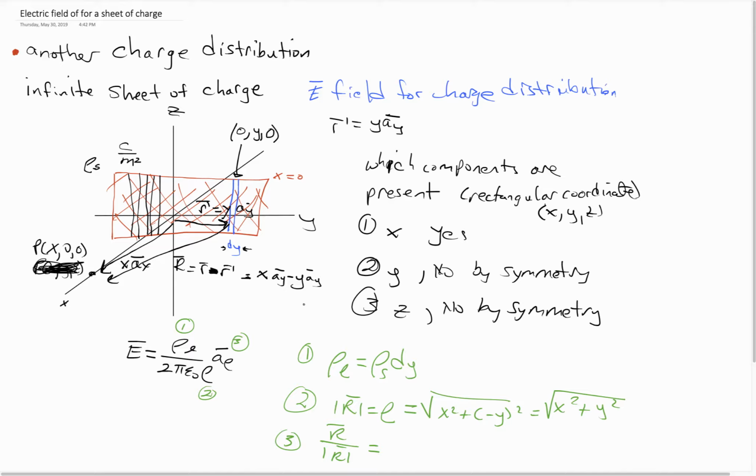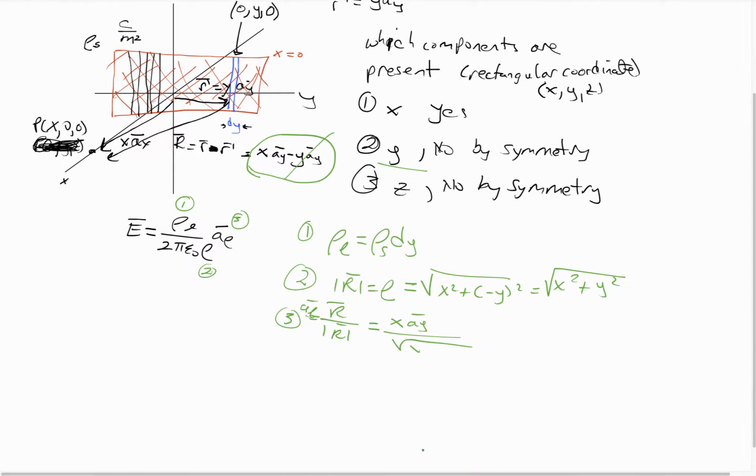Now, r was all of this stuff, but since there's no y component by symmetry, we can just ignore it, and say that in the formula our A rho is going to be equal to x a sub x over the square root of x squared plus y squared. So now we have all the pieces here.